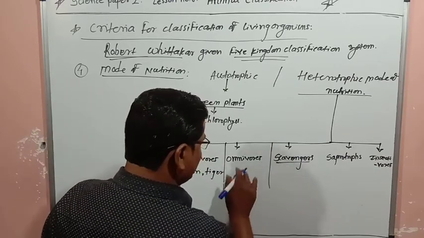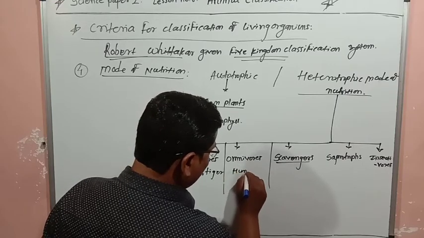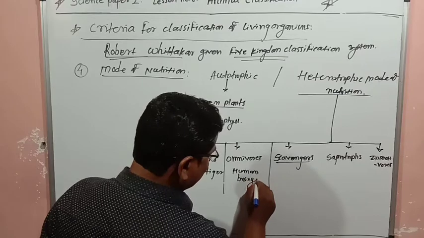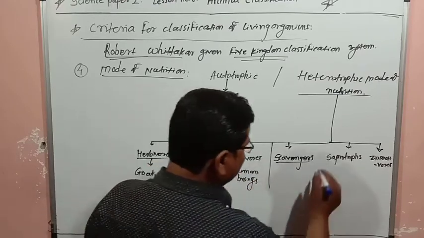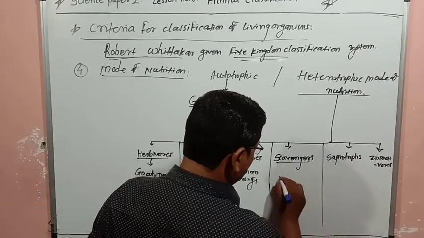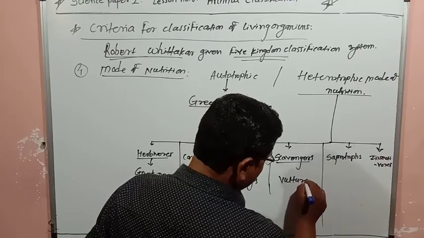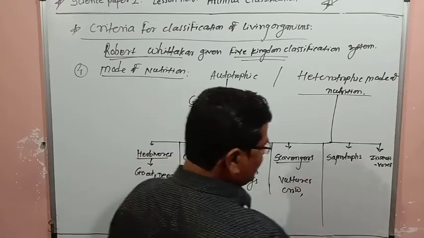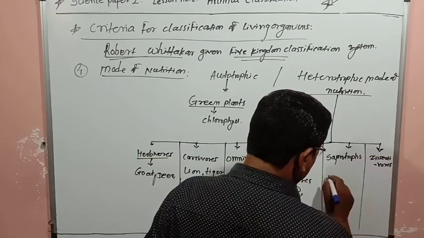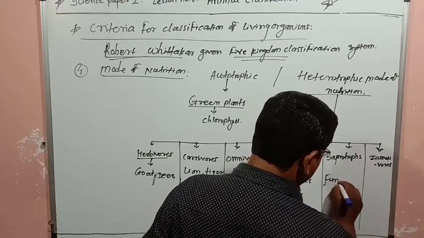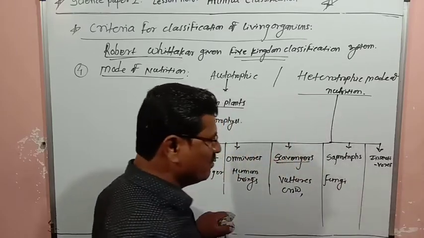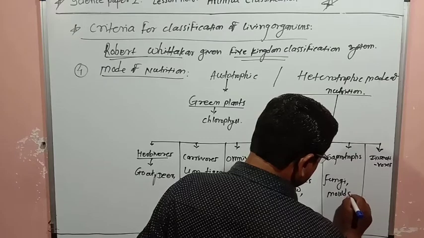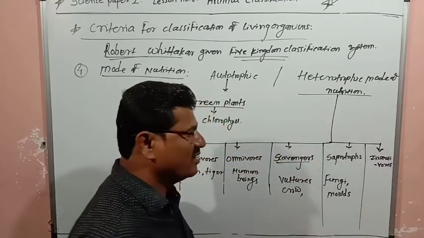The next, omnivores, in that human beings are there. Scavengers, in that vulture is there, and crow is there. Saprotrophs, in that you can give the example: fungi are saprotrophs, molds are there.